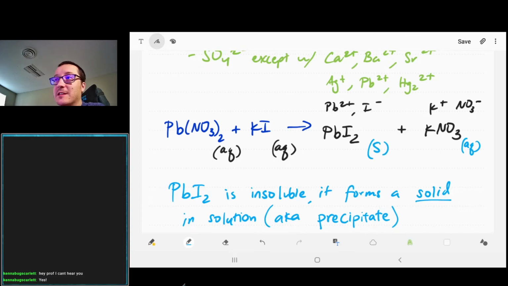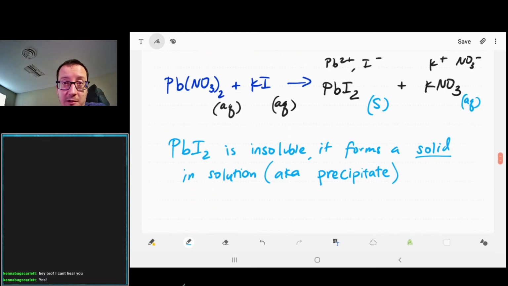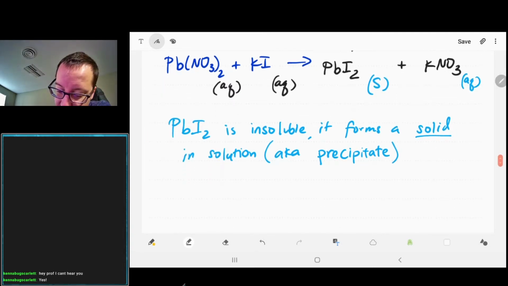So we're going to see that solids will form anytime we have ionic compounds that are insoluble. So we're going to see many of these. Another example would be something like, how about we put calcium chloride plus zinc sulfate?